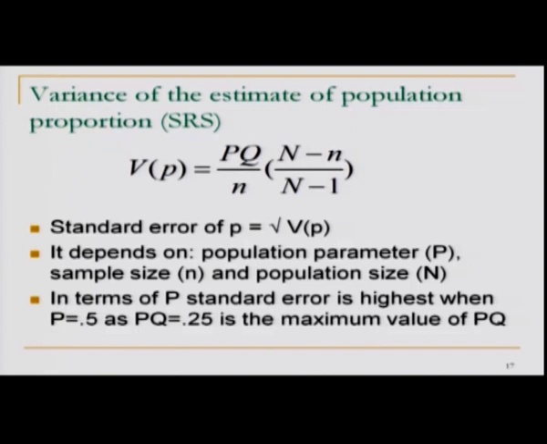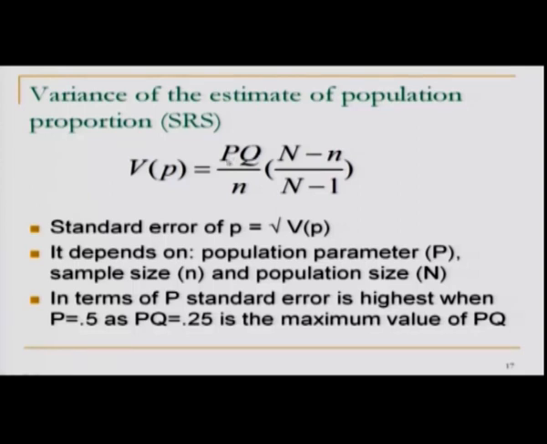Thus, it depends on population parameter P and thereby on Q, sample size N. PQ is such a thing that as P increases from 0 to 0.1, 0.2, 0.3, PQ will increase, and for P equal to 0.5, Q equal to 0.5, you have the highest value of PQ, 0.25.